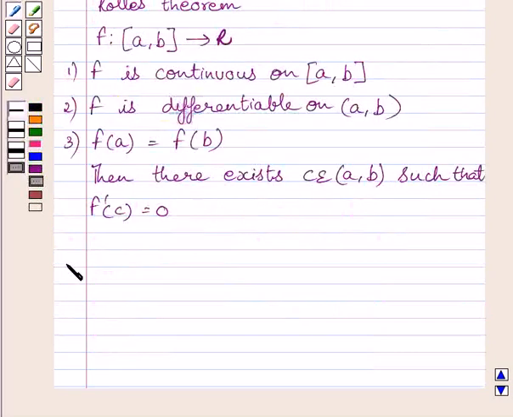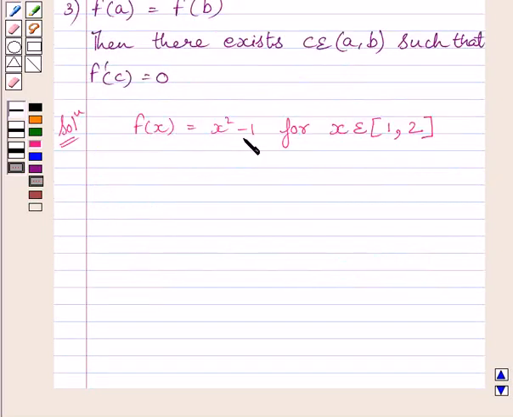Now let us start with the solution. We are given f(x) is equal to x square minus 1 for x belonging to closed interval 1 to 2. Now clearly we can see this is a polynomial function, and polynomial function is continuous and differentiable everywhere. So we can write function f given by f(x) is equal to x square minus 1 is continuous in closed interval 1 to 2.